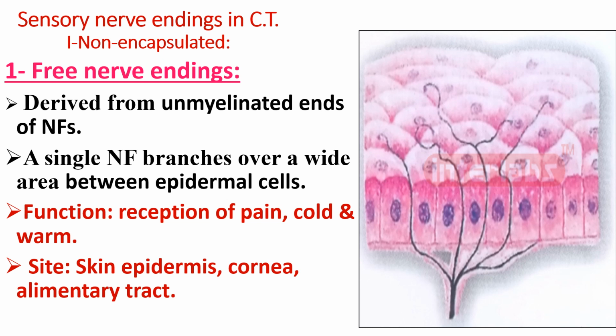Regarding sensory nerve endings in connective tissue, we start with the non-capsulated type. The first type is free nerve endings. It is derived from unmyelinated ends of nerve fibers, and it is called a free nerve ending because a single nerve fiber branches freely over a wide area between epidermal cells.